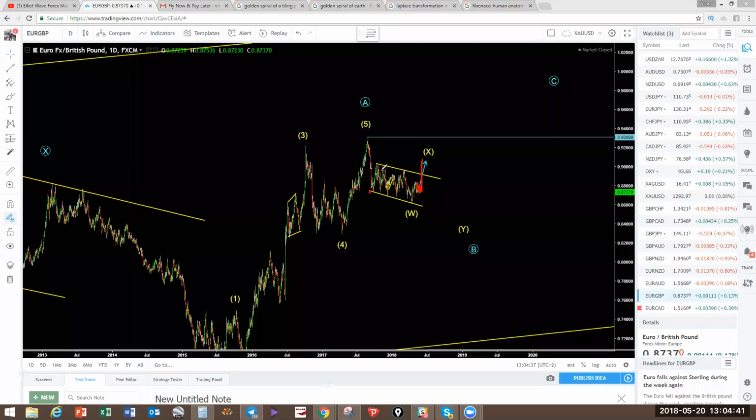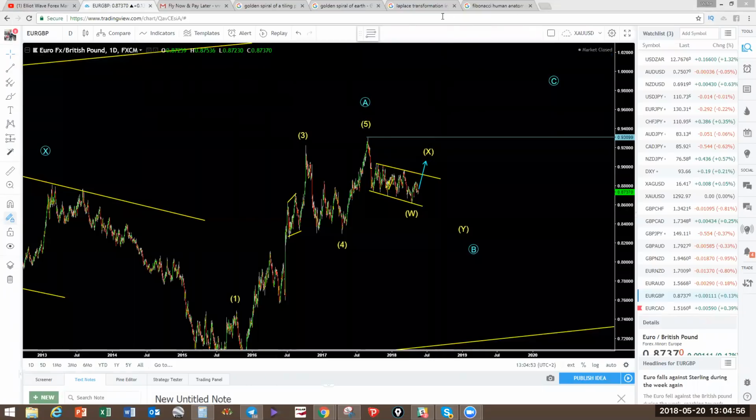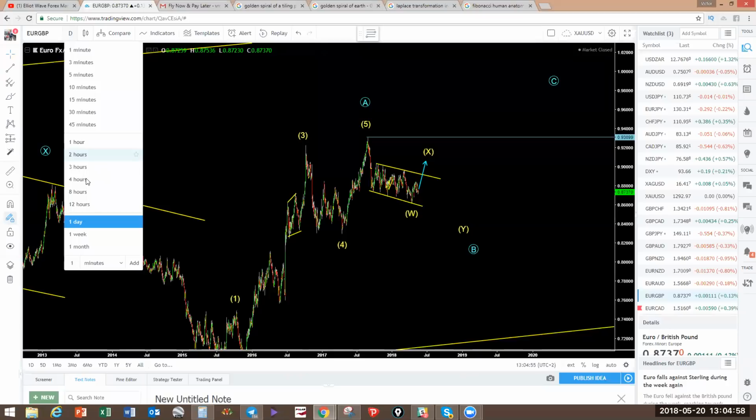This corrective structure looks something like this, 1, 2, 3. So I'm anticipating that one to be completed before we get a move to the downside. Let us go and look at this corrective structure. We've been looking at it for the last couple of weeks. So let's go 4 hour and look at that corrective structure.